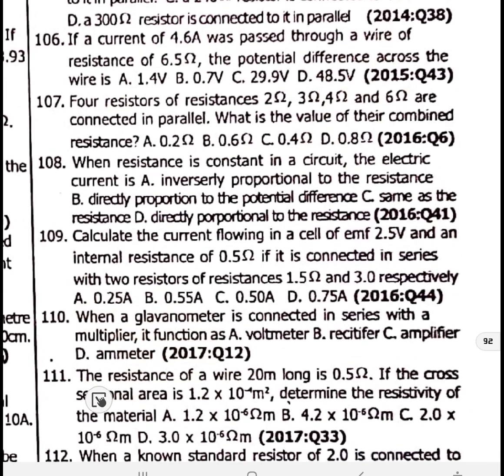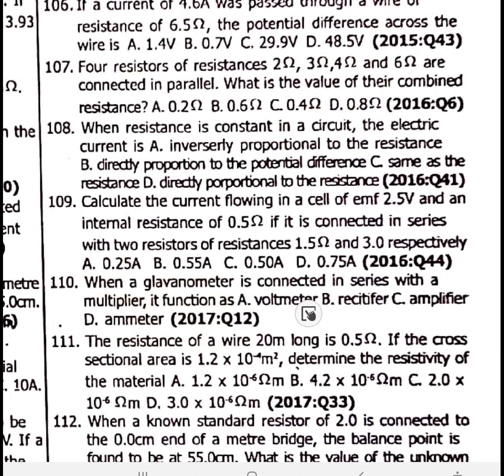Option B. Next, when a galvanometer is connected in series with a multiplier, it functions as a voltmeter. Option A. And when it is connected in parallel with a shunt, it functions as an ammeter.